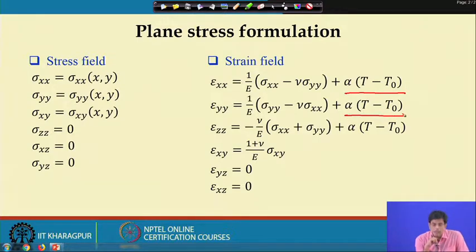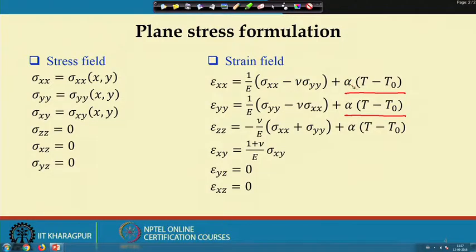Now, here we are assuming an isotropic elastic body. So, there is one alpha, and alpha is constant in all directions. I mean the alpha is the same for all directions, that is the coefficient of thermal expansion of the solid.